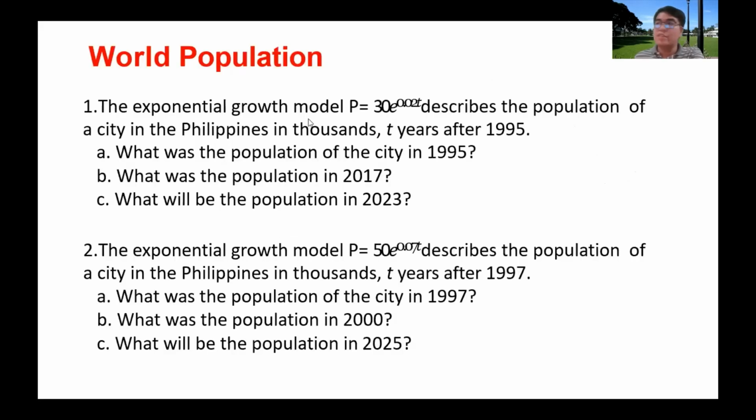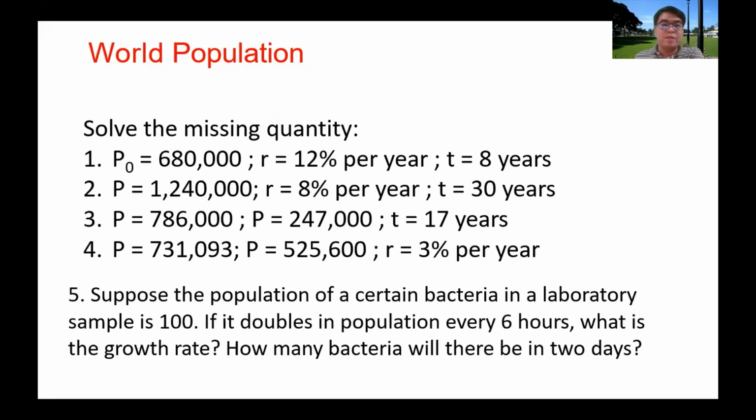Let's try a different problem. How about this one? P sub 0 is equal to 680,000, r is equal to 12% per year, and t is equal to 8 years. What is missing is P, because we have P sub 0. So let's solve for P. We know that P is equal to P sub 0 e raised to the rt.